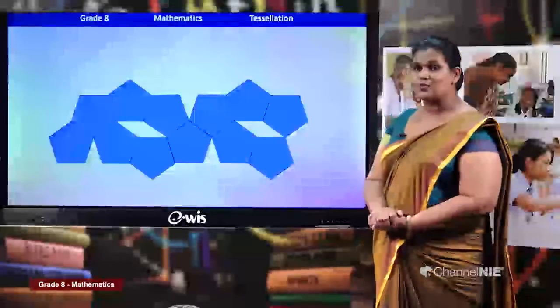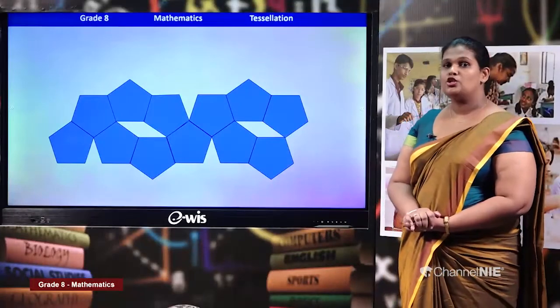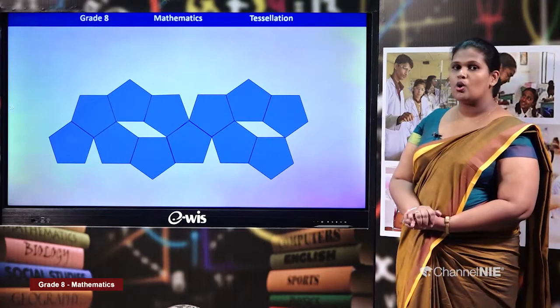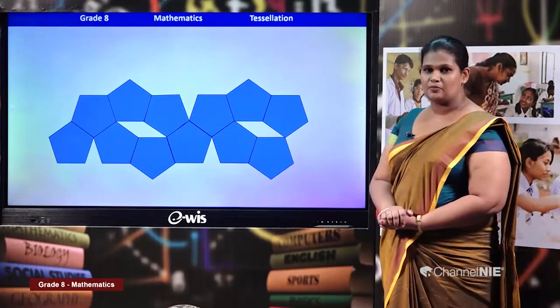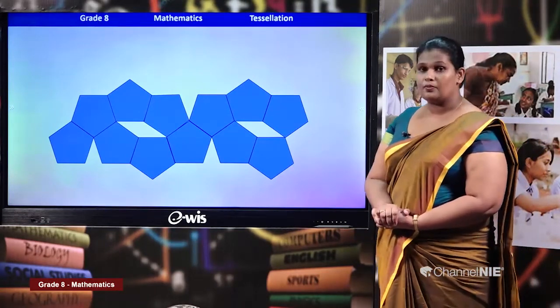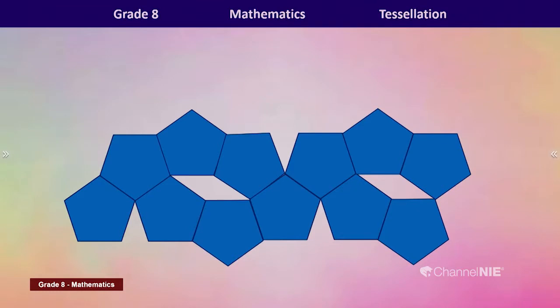No, I can't. Why? In tessellations, you should not have gaps or overlaps between two shapes. Here between two figures, I have got some gaps. Therefore, I can't create a tessellation using regular pentagons. So, that means using a regular pentagon, we cannot create a regular tessellation.